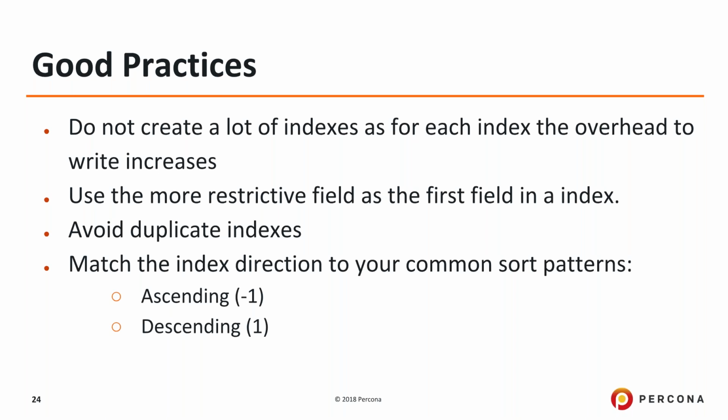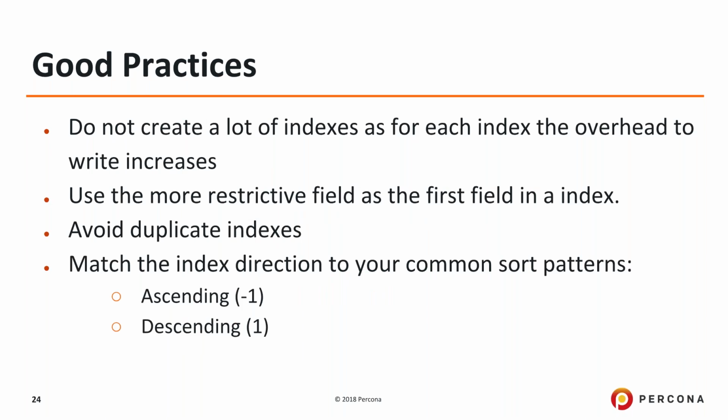And the last point on this slide is important, that Mongo has directions for the indexes. So if you're sorting ascending in your application all the time, or let's say descending all the time, make sure your index matches that direction so that Mongo can be a bit more efficient in your sorts.